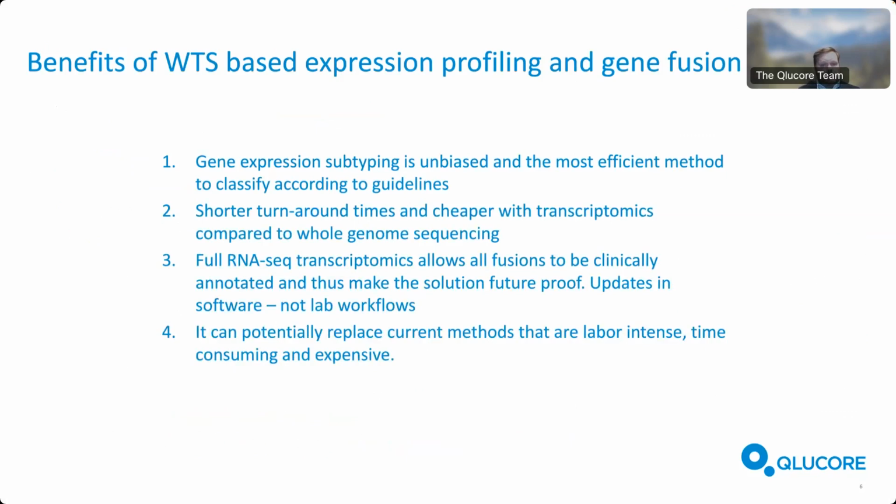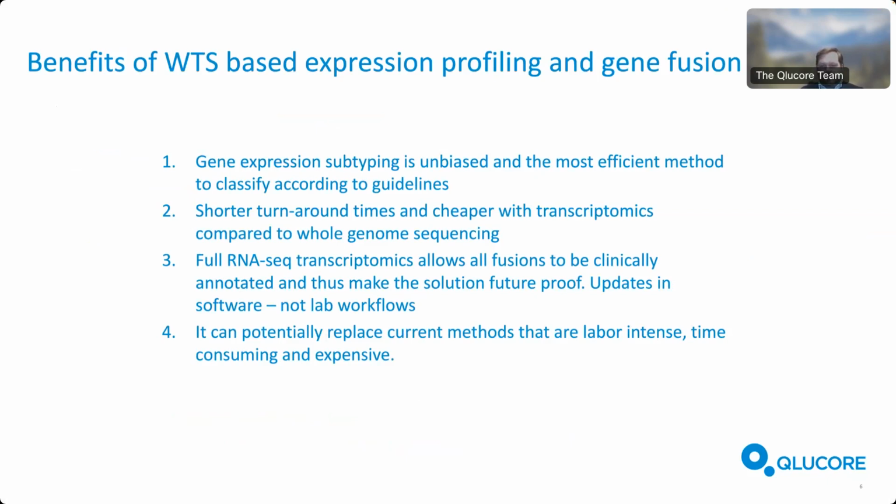It allows clinical annotation of fusions, and it can potentially replace a number of currently used methods that are labor intense or time consuming, and because of that then expensive. Examples of these techniques are FISH, immunohistochemistry, and different kinds of arrays. And combined, I think this builds a pretty strong case for whole transcriptome sequencing.